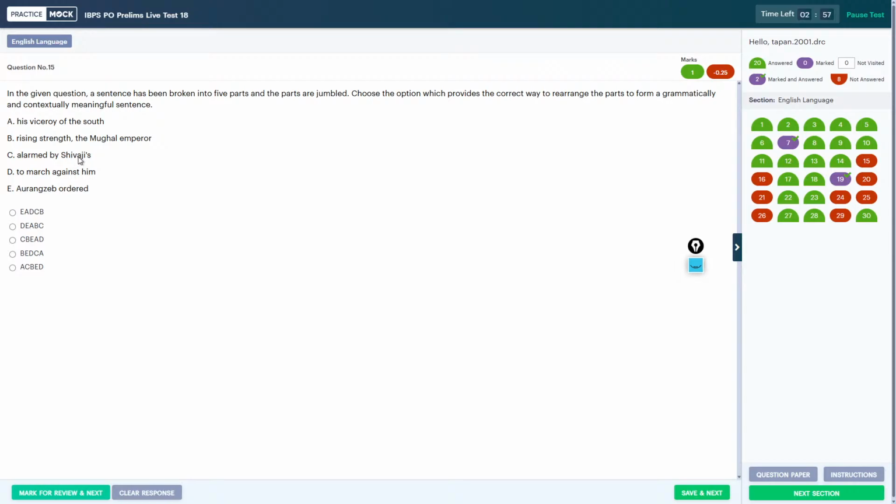Alarmed by Shivaji's rising strength, the Mughal Emperor Aurangzeb ordered his viceroy of the south to march against him.